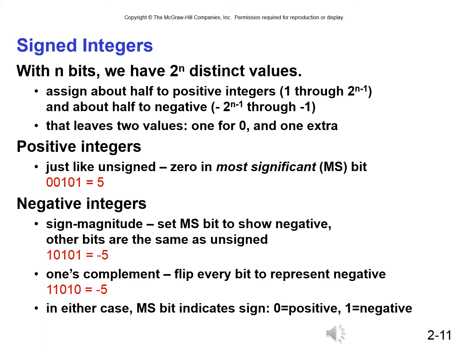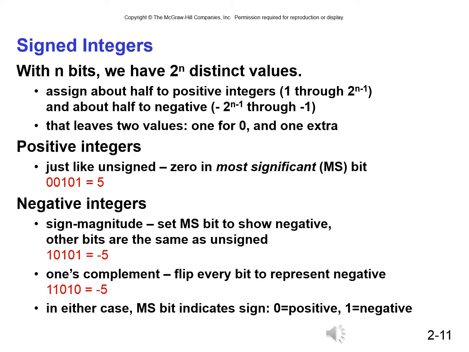What is 7? 2 to the third is 8, so 7 is 2 to the third minus 1. If we had 4 bits, we could go from 0 to 15. What's 15? Well, 2 to the fourth is 16 minus 1.